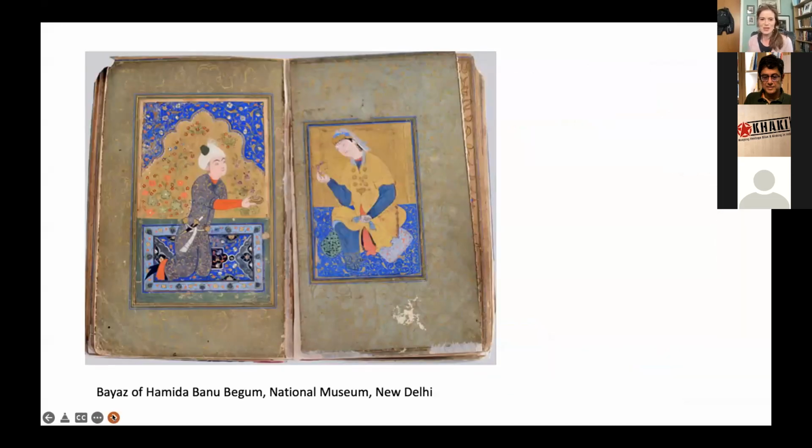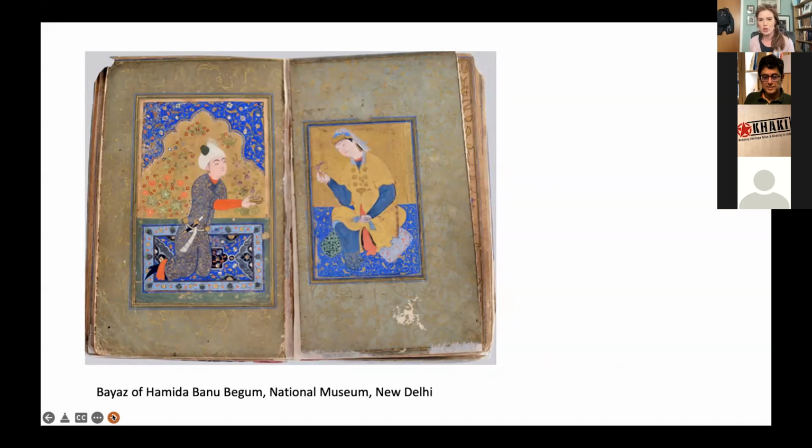But I want to go back right to a very, very early manuscript of Mughal ownership. We know that this Bayaz, an anthology of poetry, belonged to Hamida Banu Begum. Hamida Banu Begum is the wife of Humayun and the mother of Akbar. So she's the queen, and then the queen mother.